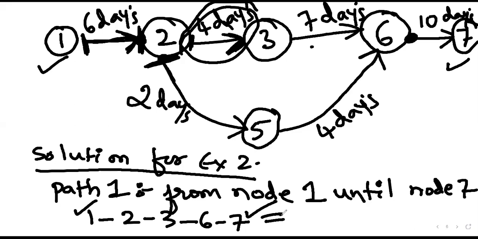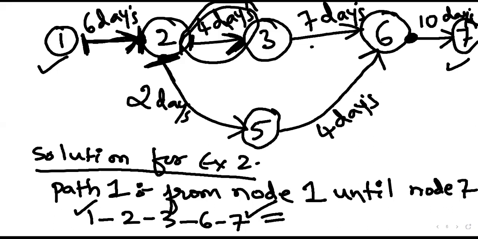So what is the next path? Any other paths possible, starting from the first node until the 7th node? 1, 2, 5, 6, 7. We'll identify the two different paths, and in the next class we'll identify the project duration. Most of them have given the answer as 27 days.